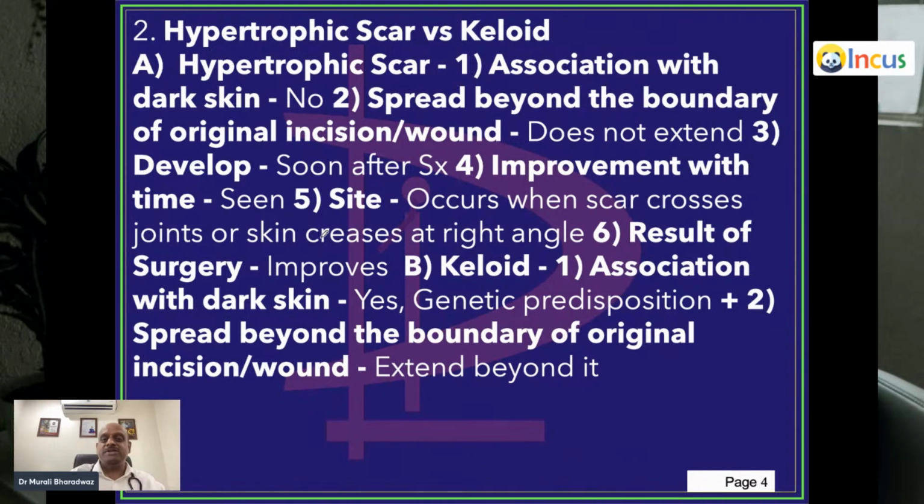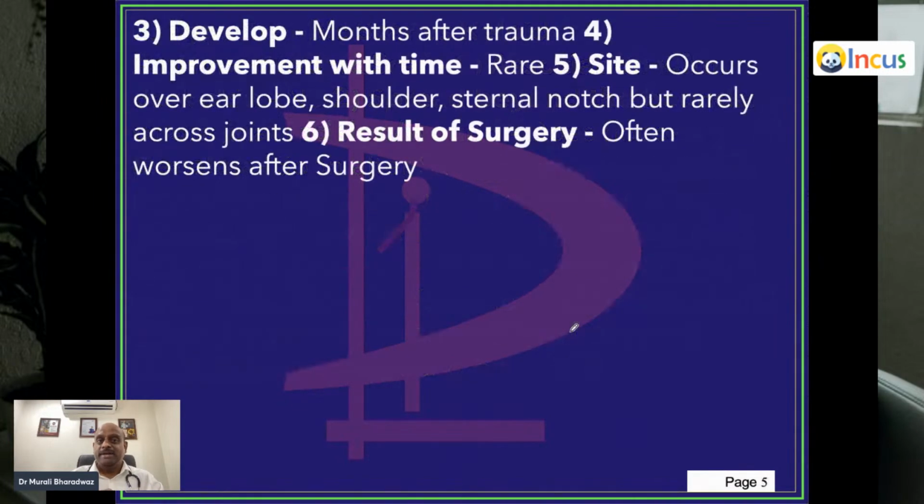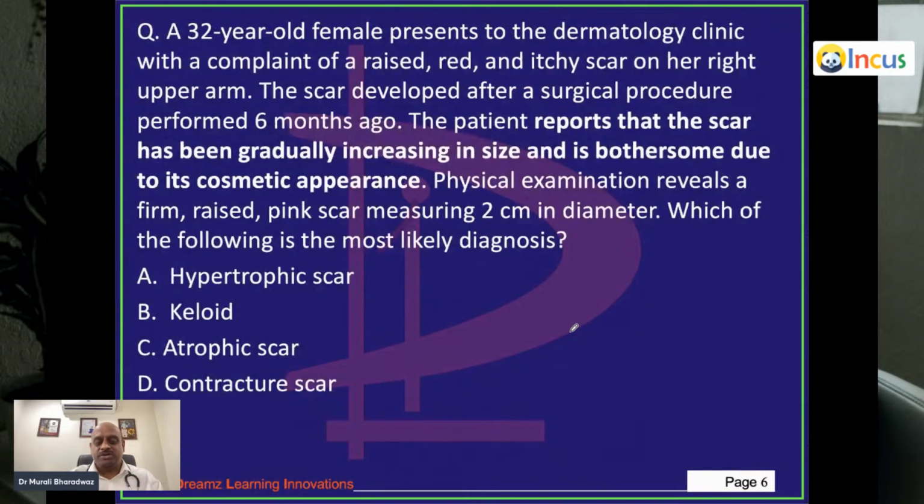Over a period of time, there is an improvement. And if you do surgery, the results are very good if it is a hypertrophic scar. Whereas keloid, there is a genetic predisposition and it extends beyond the original incision and it develops months after the trauma. And what are the classical sites of keloid, doctor? The earlobe, shoulder, sternal notch, and often it worsens after the surgery is what you need to remember.